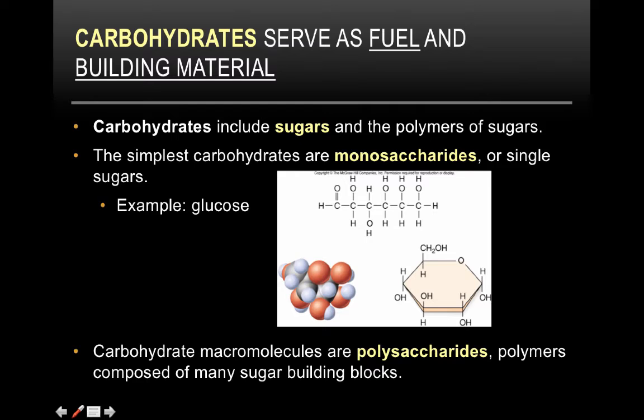The simplest carbohydrates are called monosaccharides, or single sugars or simple sugars. The example I want you to remember is glucose, and that is shown to the right. Glucose has the formula C6H12O6.